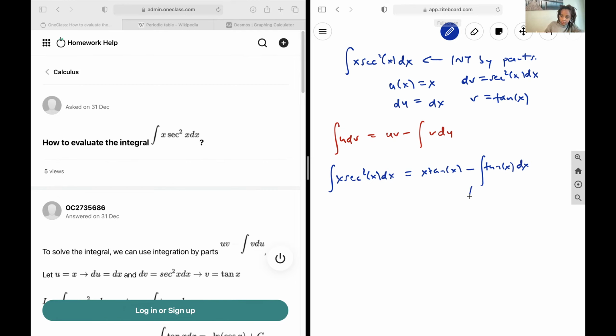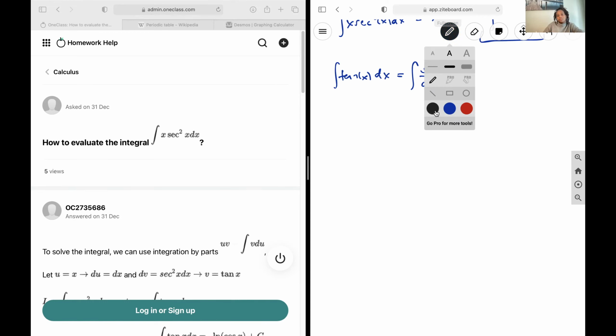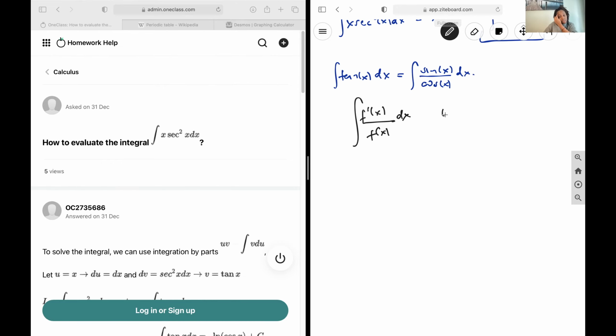And so now we need to evaluate this. Let's rewrite it in its other form. We know that tan x is equal to sine x over cos x. And then we're going to use substitution here. As you know, if we happen to get it in the form of the integral of the derivative of f of x over f of x dx, we can simply set u equal to f of x.